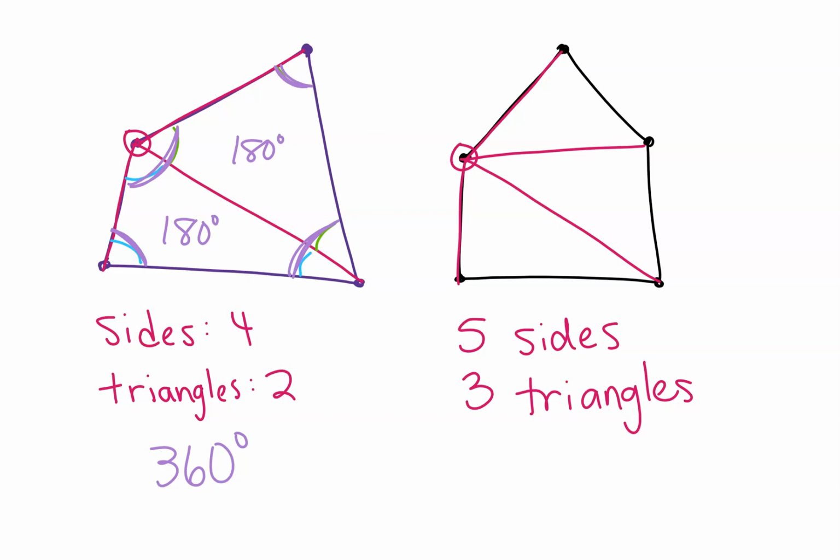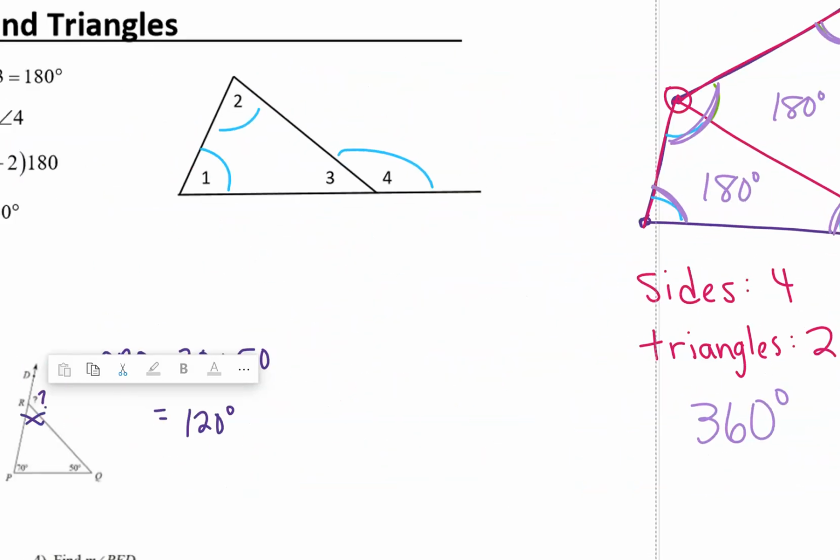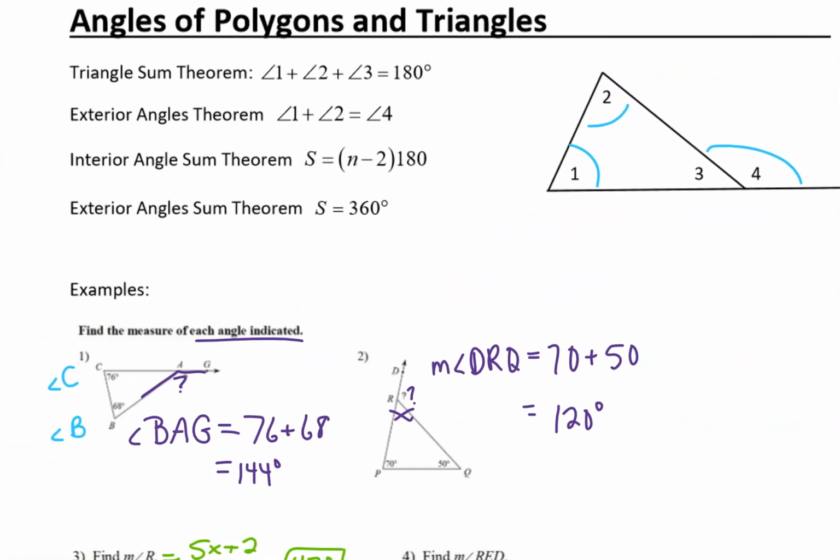And how much is each triangle worth? How many degrees? 180. So this would have an angle sum. All of those interior angles would add up to 540 degrees. So that's where this formula at the top of your page comes from.